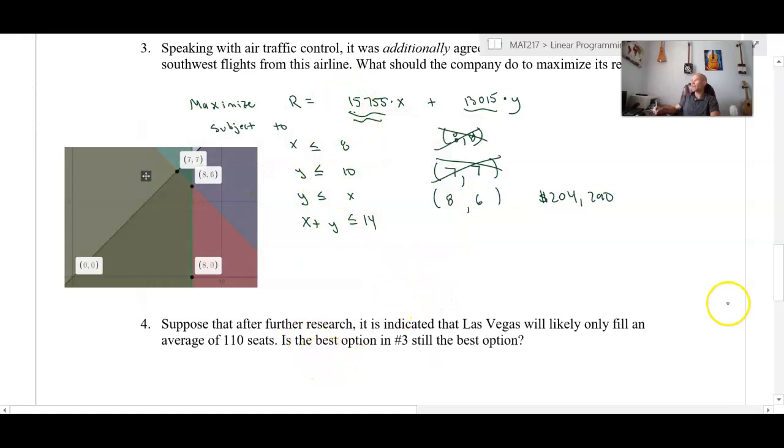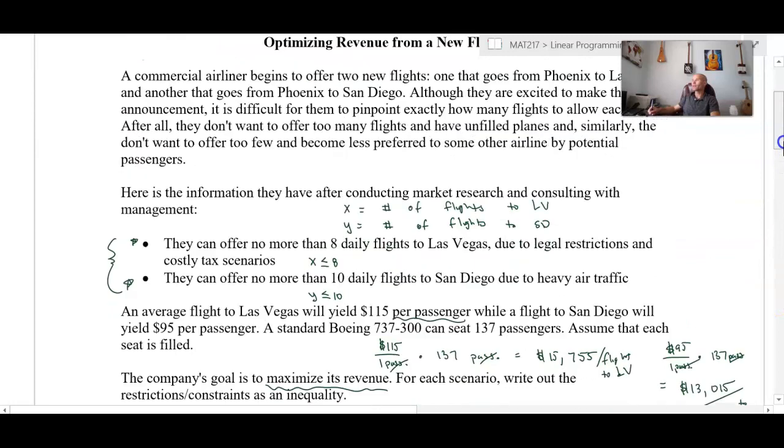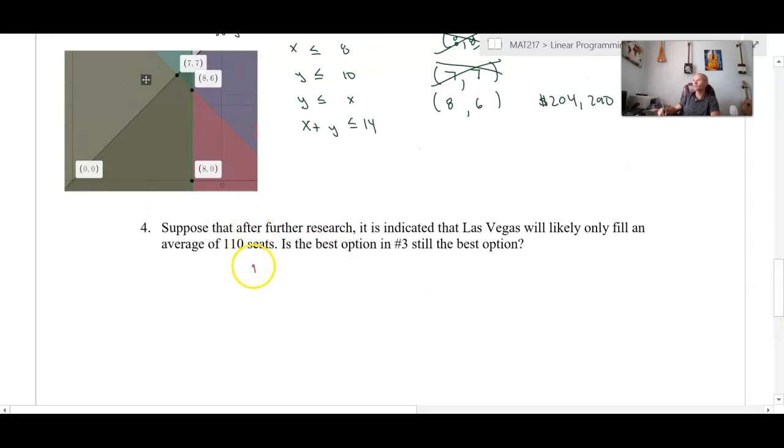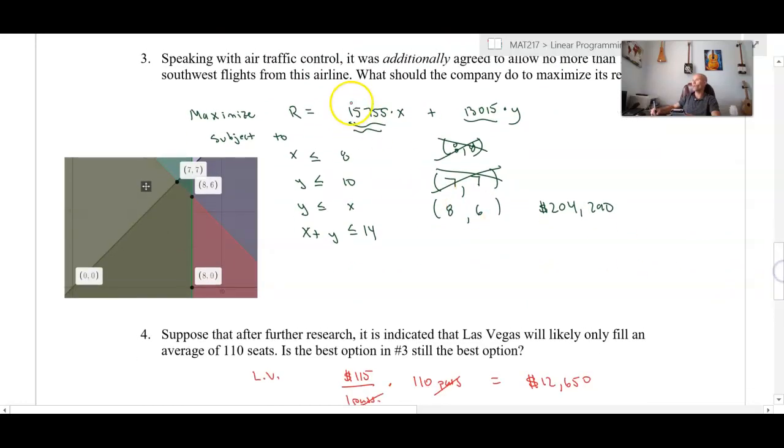because we're still making, I think it was, $115 per passenger. It will be a $115 fee per one passenger, but now we have 110 passengers, and so that is going to give us a smaller revenue. 115 times 110 is equal to $12,650, and so notice that would modify this value over here.